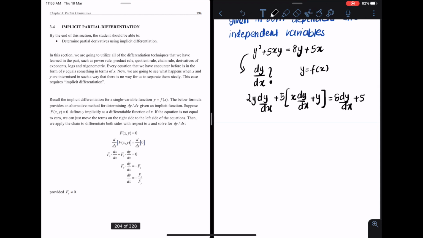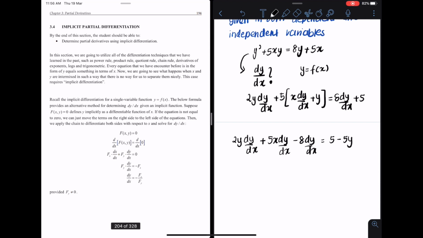So in this case, I will get 2y dy dx plus 5x dy dx minus 8 dy dx equal to 5 minus 5y.